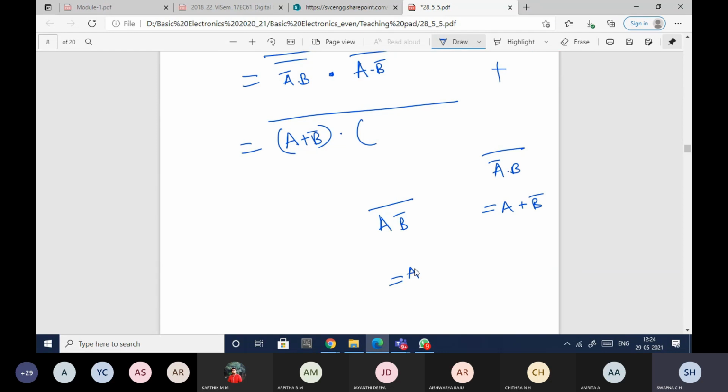So A bar, I have dot, so plus; B bar I have, so B. So it will be A bar plus B. But still, if you observe, is it fine? Do you have the equation in the required form? No, still I have the dot operator, dot in the sense AND operator. So the AND operator should not be there.